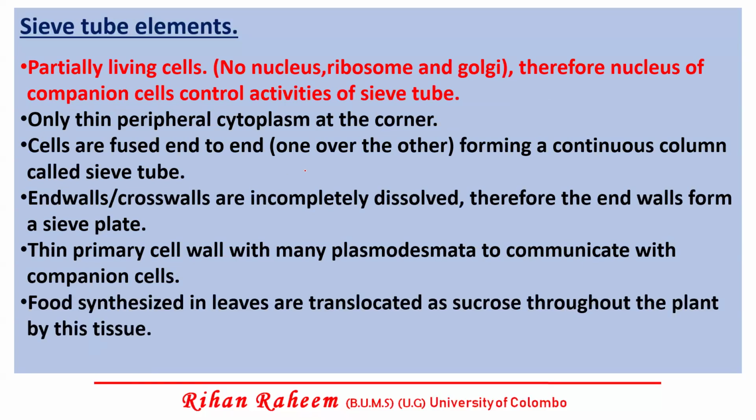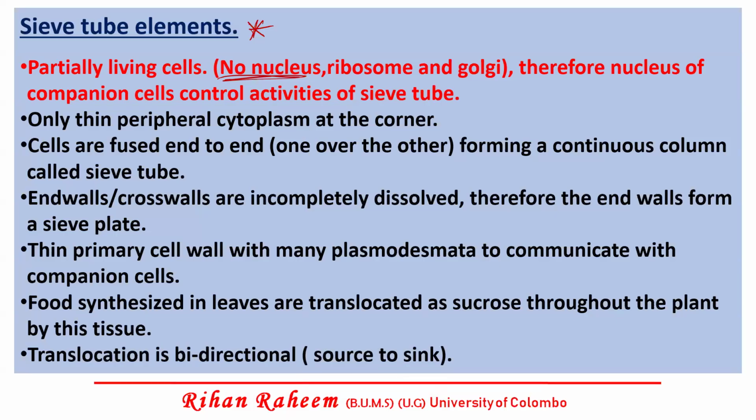So these are the features of the sieve tube element. Sieve tube element is a special cell. It's a cell with no nucleus. Keep that in mind. It's a living cell, but the specialty is it doesn't have a nucleus. Because it doesn't have a nucleus, what happens? The fellow who is next to him, the companion cell, has to support him. We normally give an example like a fellow who studies well and a fellow who doesn't study at all.